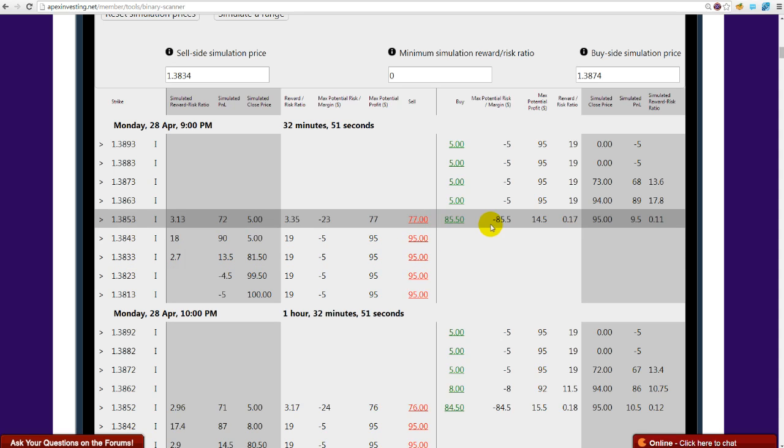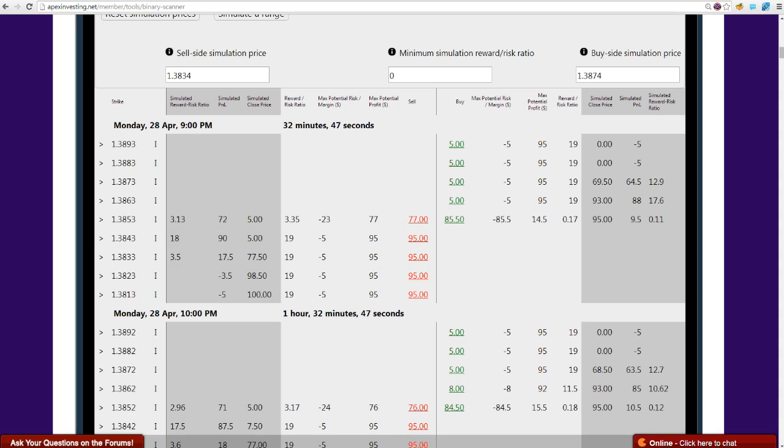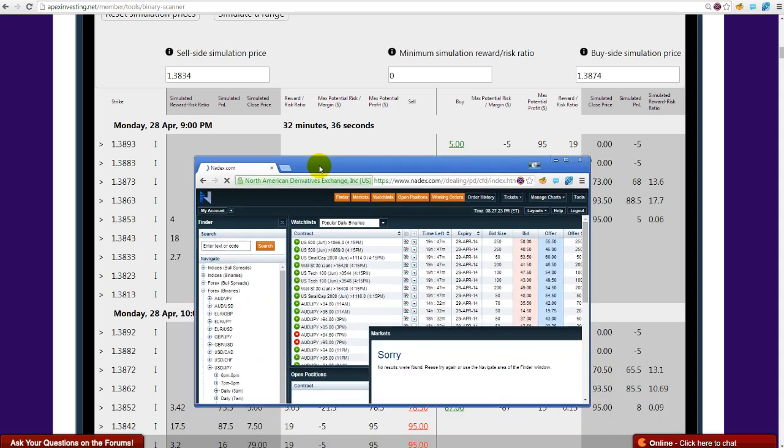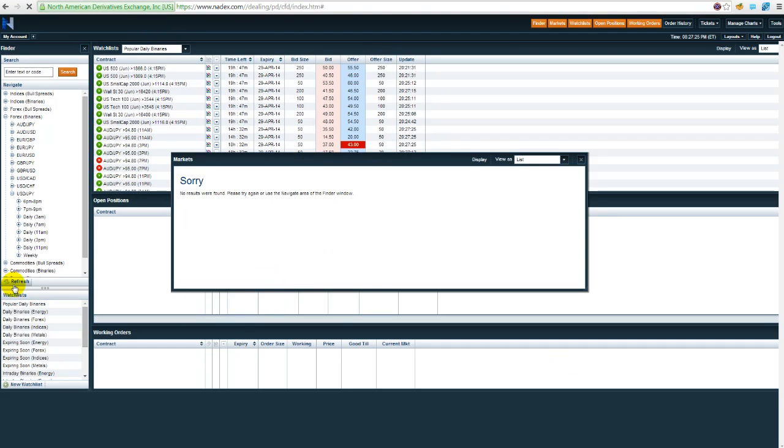Now, if I go in and I buy this contract at 85, and remember I talked to you about the price, what should you expect to get out at? This is probably one of the most important lessons if you do want to do short-term trading that you need to learn. So if I go up here, let's hit refresh on this.